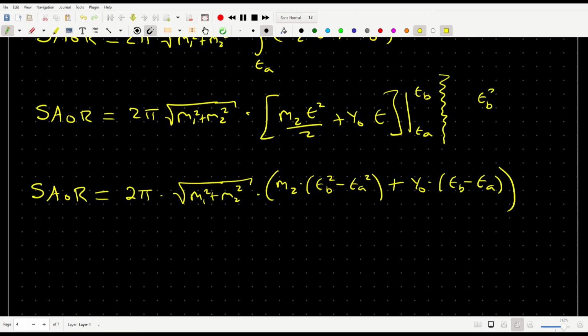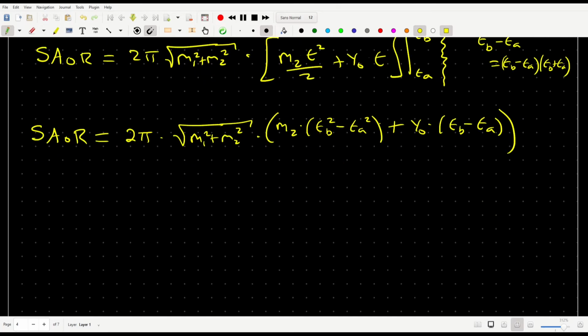The main idea is that t_b squared minus t_a squared will be t_b minus t_a times t_b plus t_a. So we can factor out t_b minus t_a from this whole expression right here. I'm going to rearrange some of the terms in the multiplication to give me something pretty nice. We got 2 pi times m2. Oh, I need a division by 2 here.